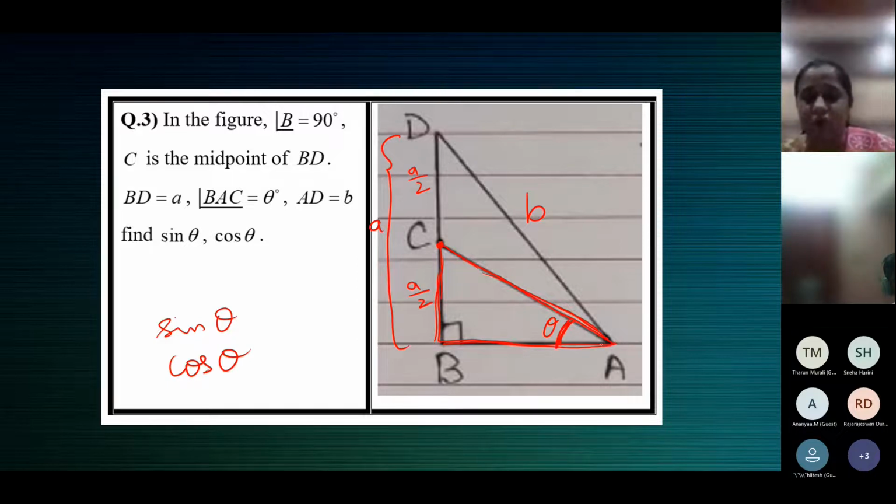That's the first thing. The sides of the right triangle ABC are AB, BC and AC.